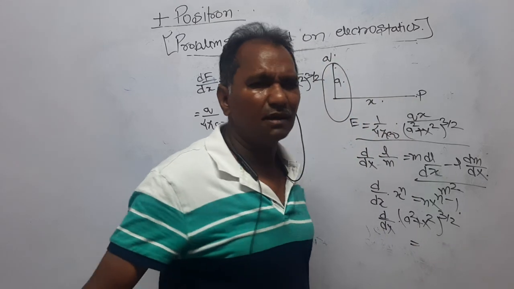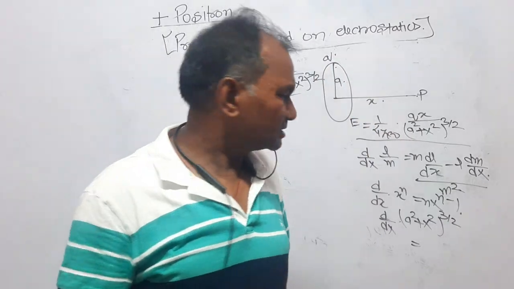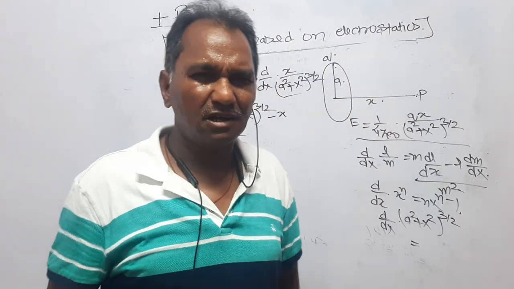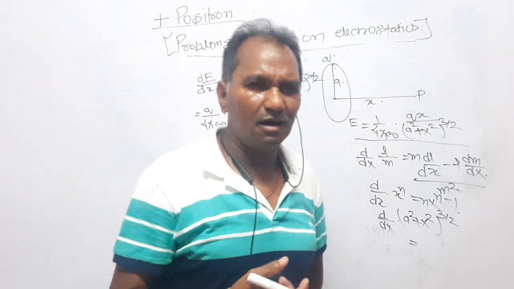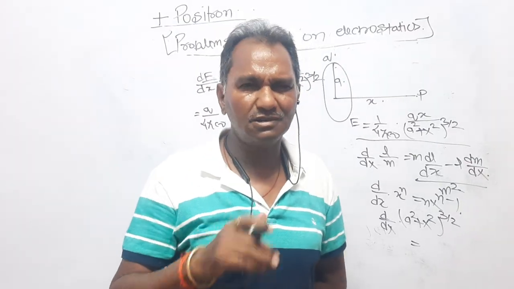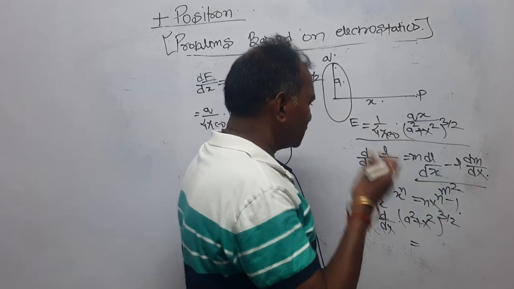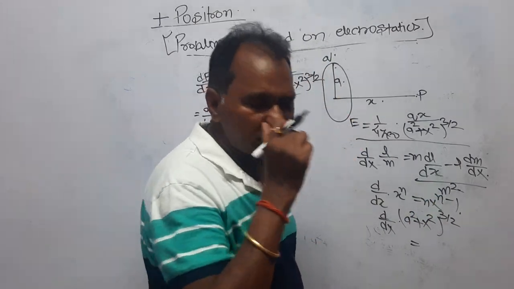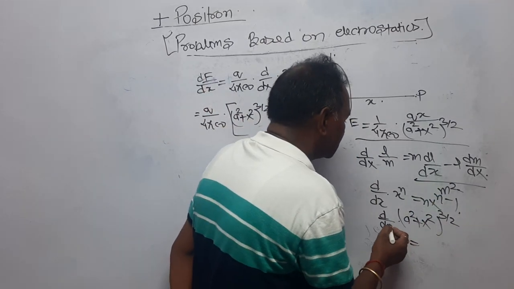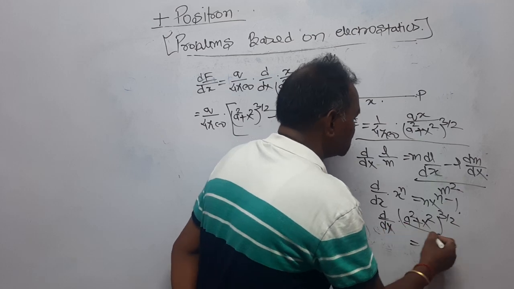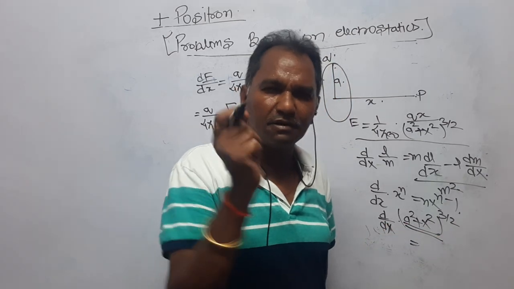Dear students, I am telling you directly because I have not made the videos on calculus. The day I make the videos on calculus, everything will be clear. But if you want to solve this, d by dx means you are differentiating this function with respect to x.